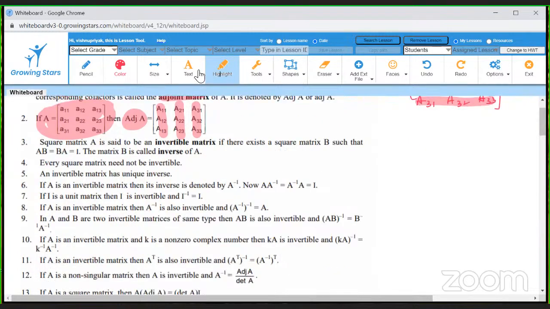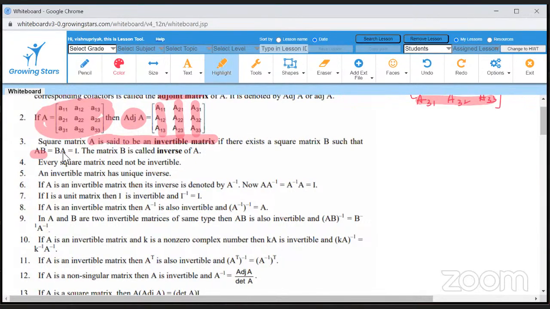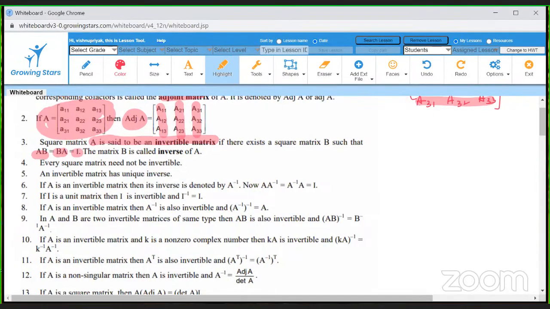Okay. Now, you can find inverse of A. A is called invertible matrix if A into B is equal to B into A is equal to unit matrix.